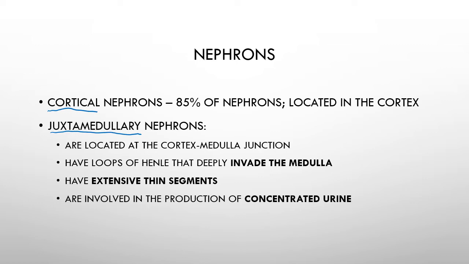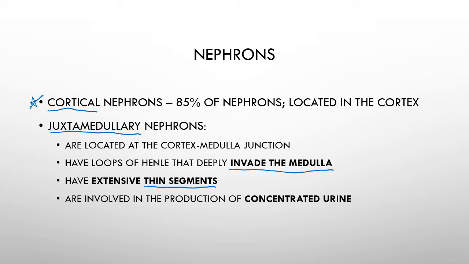And so depending upon whether those loops are really, really long, in a juxtamedullary one, they're going to invade all the way down into the medulla. These ones also have very long, thin segments. That being said, the majority of all of our nephrons are cortical.